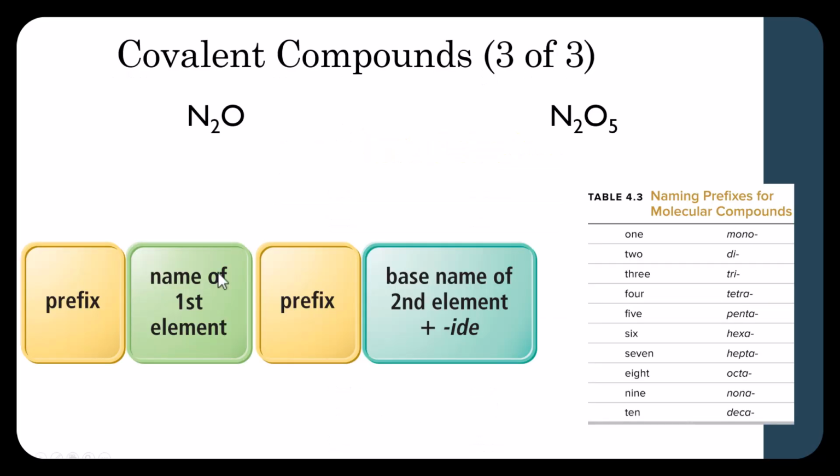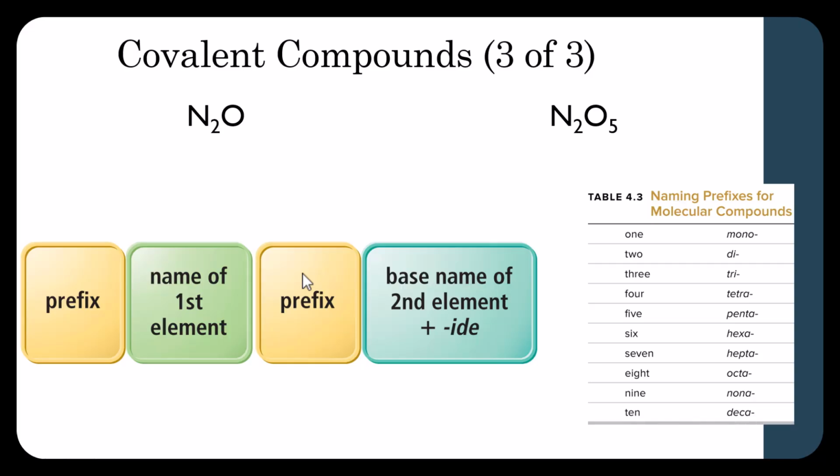To name the compounds, it's going to look very similar to ionic, where we have the name of the first element. It doesn't change, we just write it down. We have the base name of the second element plus IDE. The new piece here is this yellow box, and that's going to be the prefixes. We have to tell the viewer how many.